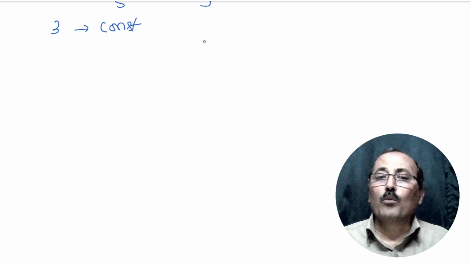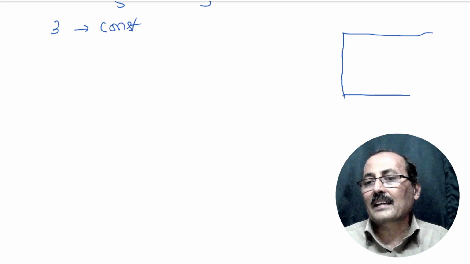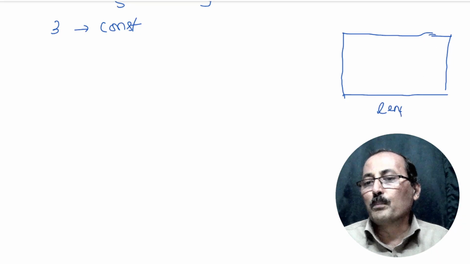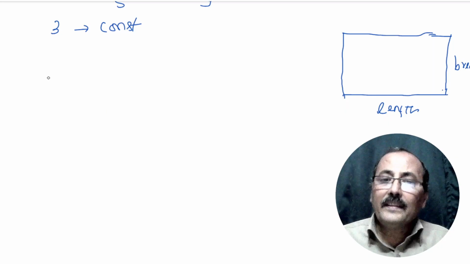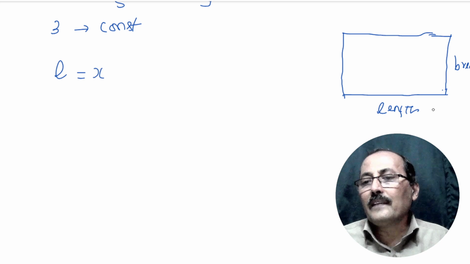Let me take one more example. There is a beautiful rectangular garden. Rectangular garden means what measurements will it have? It will have length and breadth. If length is denoted by x, we don't know how much the length is.